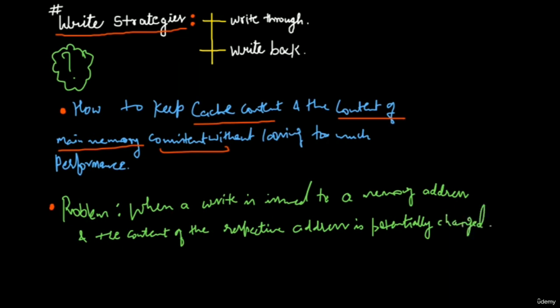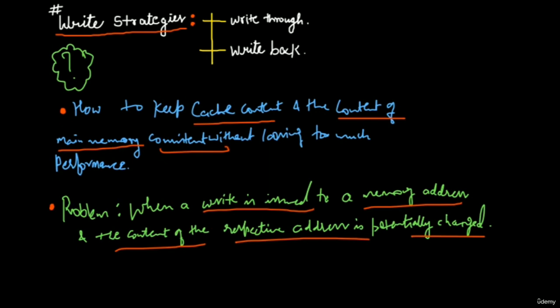So this is the second problem that we have. When a write is issued, the content of the respective address is potentially changed. You can understand it like whenever you update, the address also updates. So it becomes an updating problem. That's the whole concept of it.